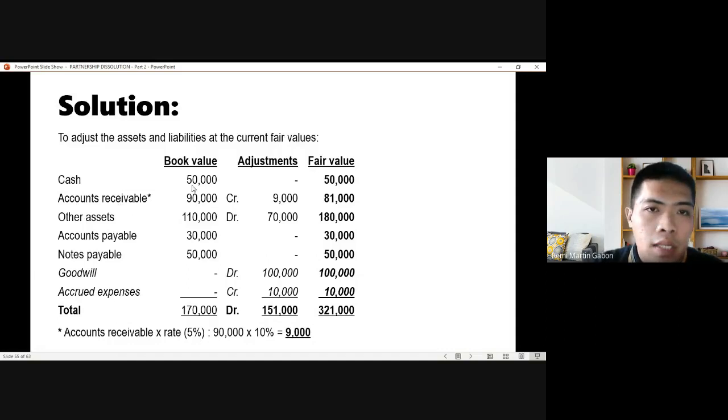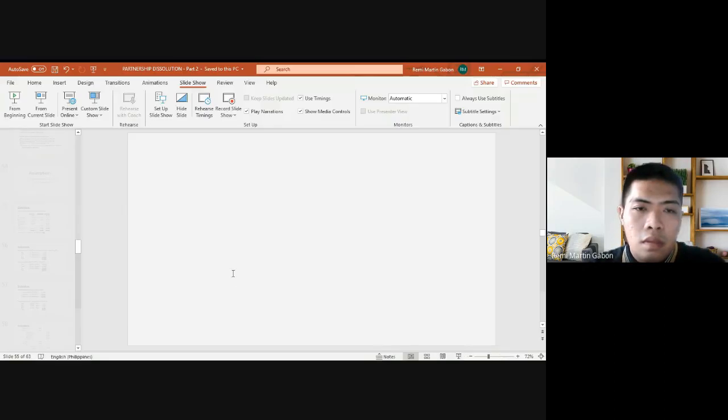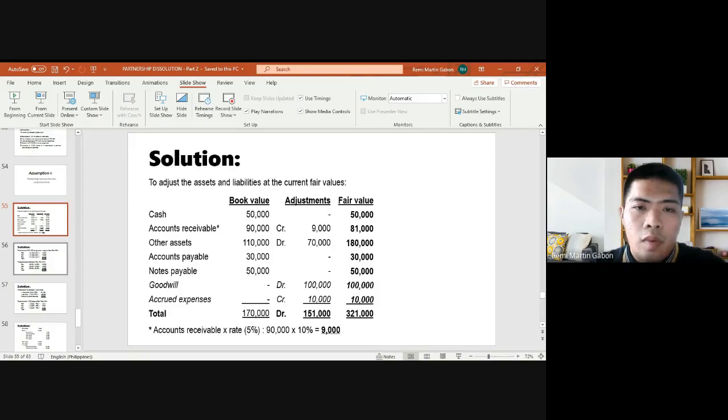Accounts receivable 90,000. Okay? Magka-credit tayo ng accounts receivable because of the 10% due for bad debts.